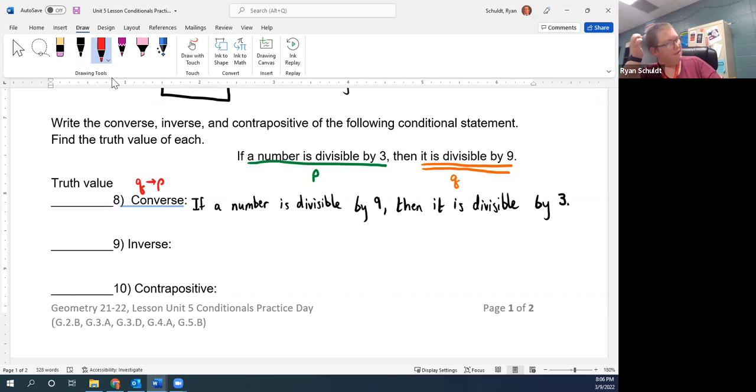What do we think about that sentence? True or false? That sentence is true. If it's divisible by 9, then it has to be divisible by 3, because 9 is 3 times 3. So that's true.